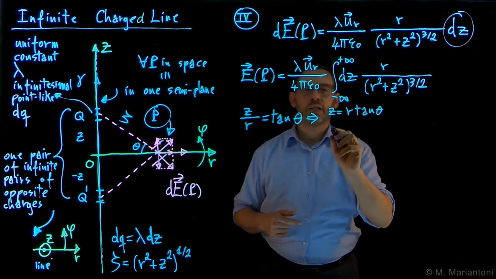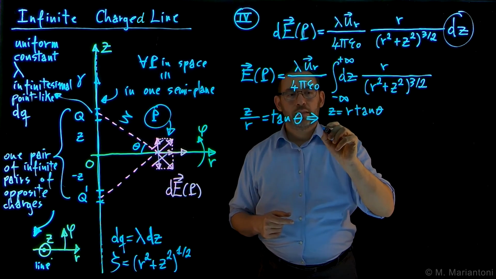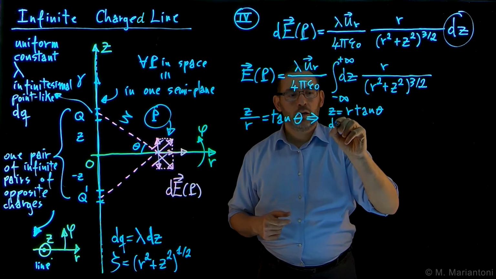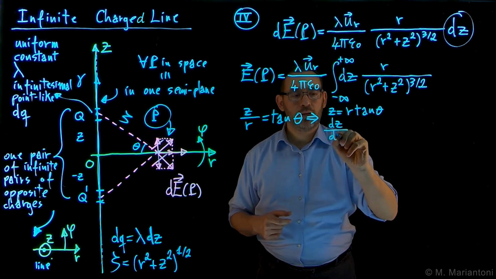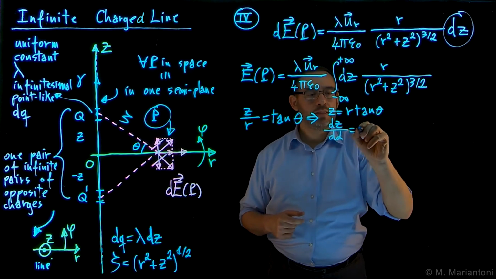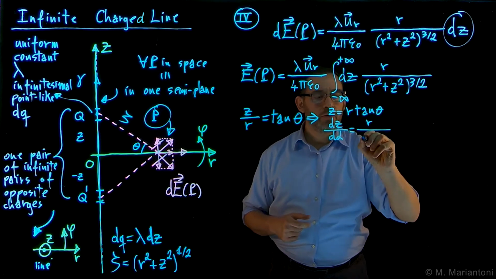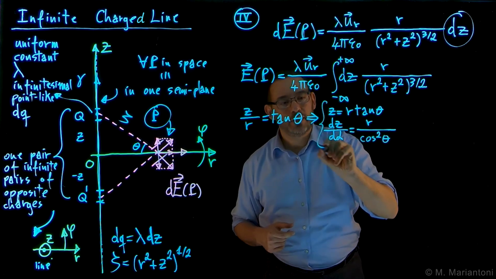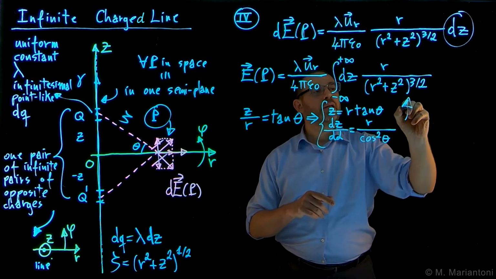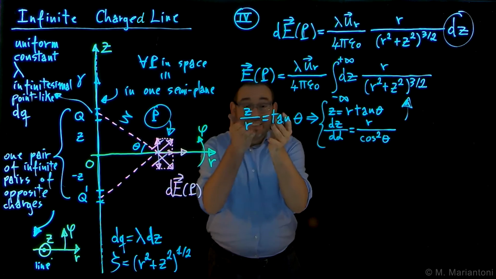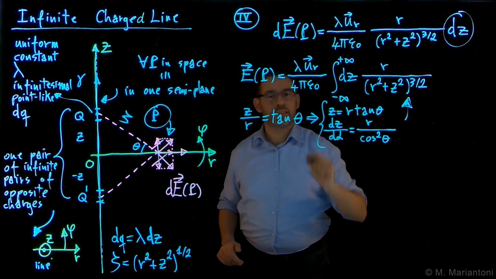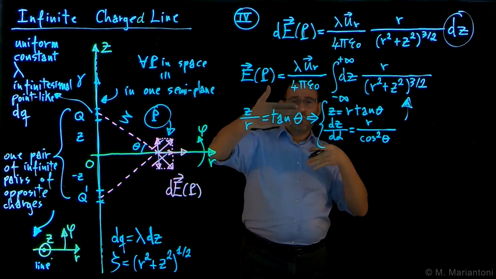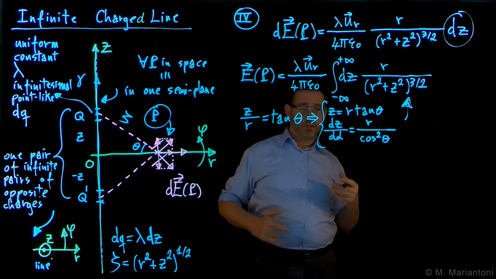Eventually I want to use it in here. And the derivative of z with respect to theta, which eventually gives me dz, is nothing but r divided by cosine squared theta, which is the derivative of the tangent. So these are the two quantities which I need to plug in here and use. Now, this is the trigonometric substitution. We will need this again in this course, even when we do the finite line of charge.